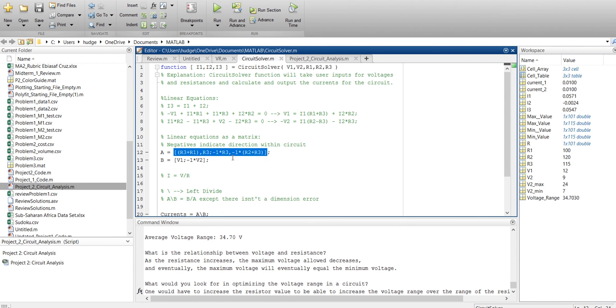The first row will be R3 plus R1, and then R3, and the second row will basically be the negative values of the first row, and B will store the values of the voltages. The second value of the voltage will be negative. And from here we know current is equal to the voltage divided by the resistance.